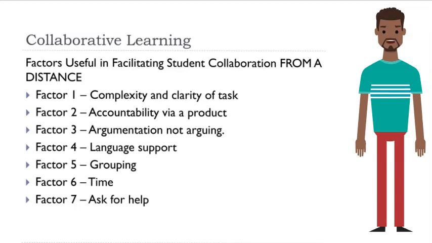Number 2 is accountability via a product. The teacher needs to see the product following the collaboration, and the product needs to include contribution from each member of the group.